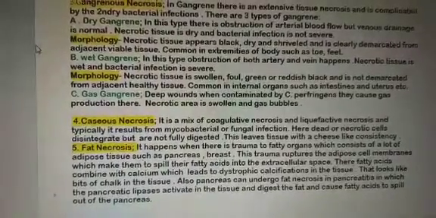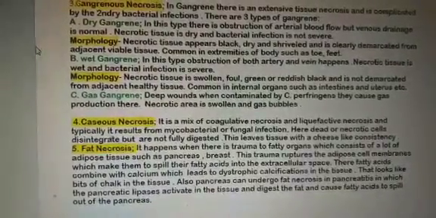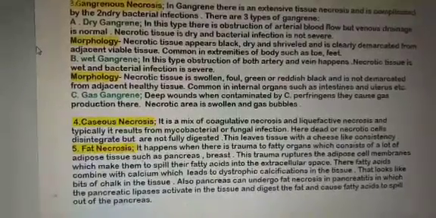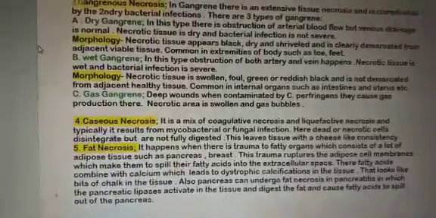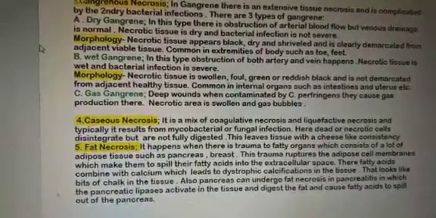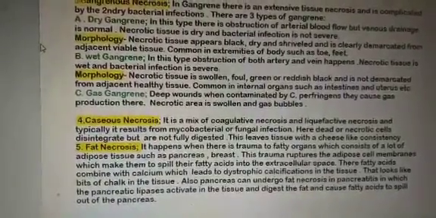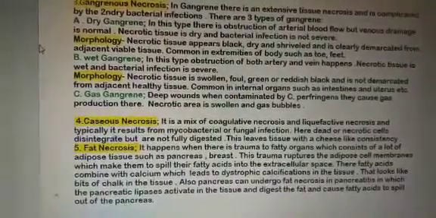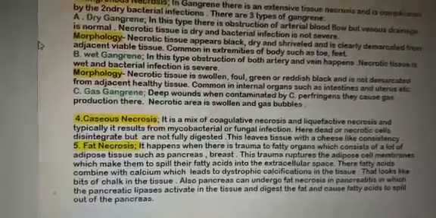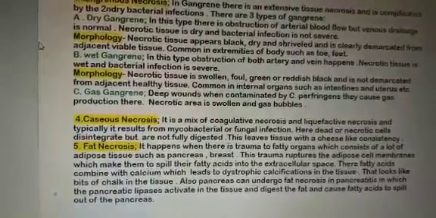This trauma ruptures the adipose cell membrane, which makes them spill their fatty acids into the extracellular space. And then the fatty acids can combine with calcium and lead to dystrophic calcification, and that looks like a chalk-like tissue.